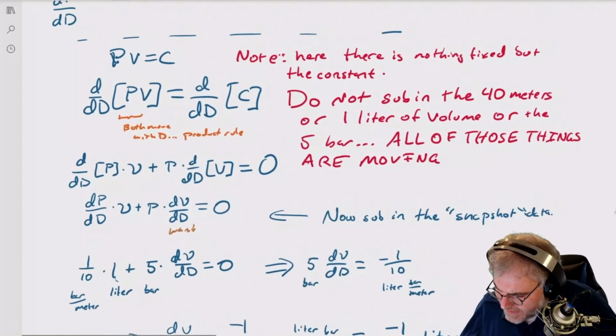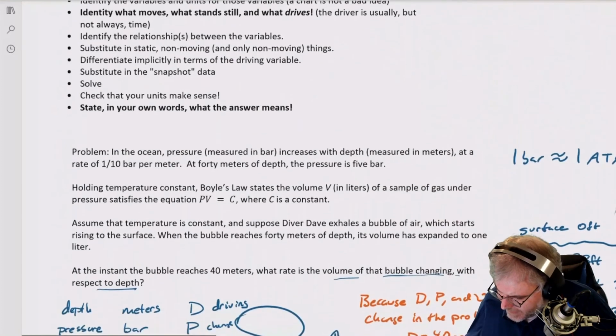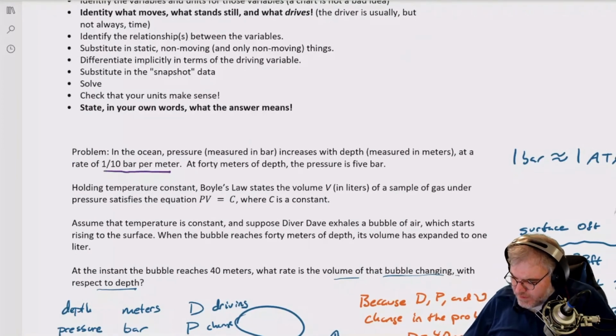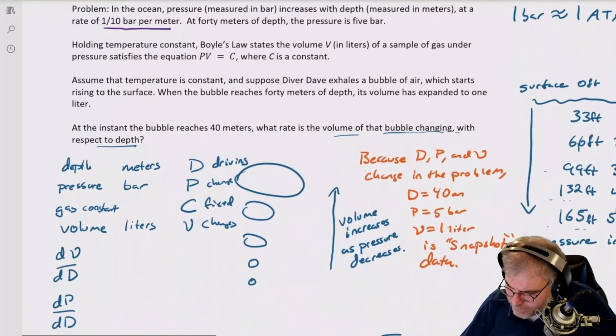Oh, that was part of the data that was given to me. So someone's asking at what rate. This is it right here: 1 over 10 bar per meter. Okay. So I'll just write that here, that dP over dd equaled 1 over 10 bar per meter.